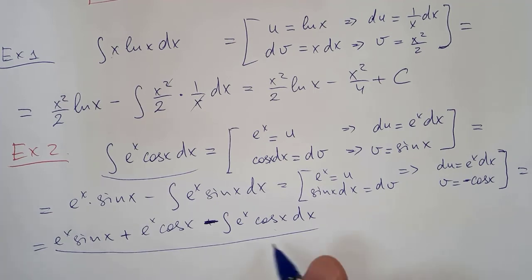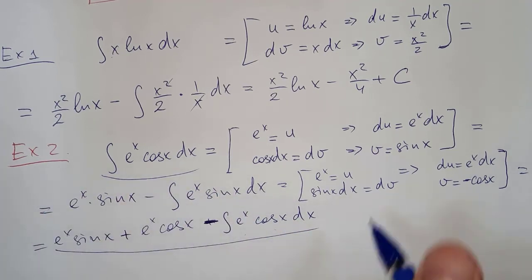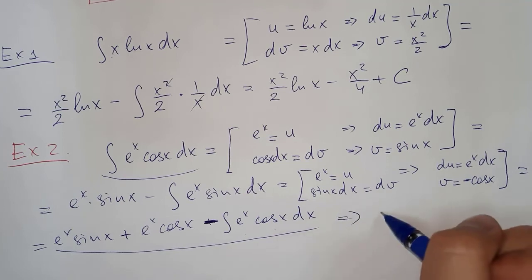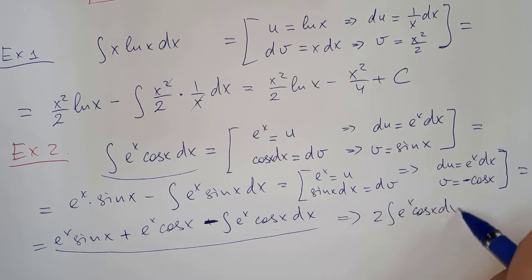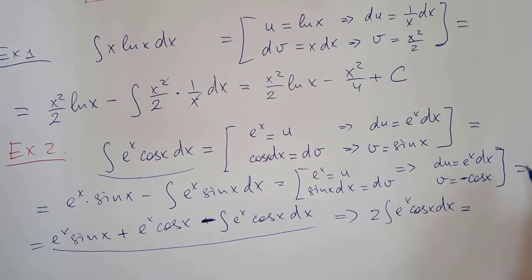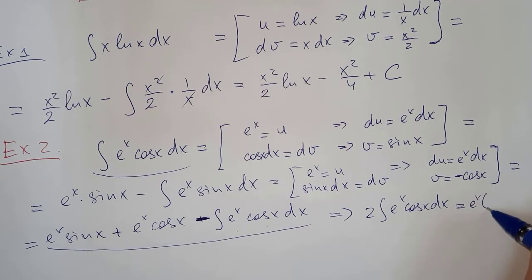Now if we move it to the left side, we have 2, hence 2 times the integral of e to the power of x cosine x dx equals e to the power of x times sine x plus cosine x.